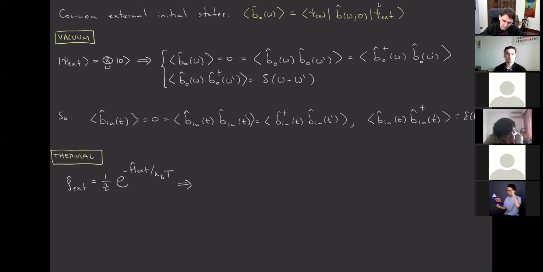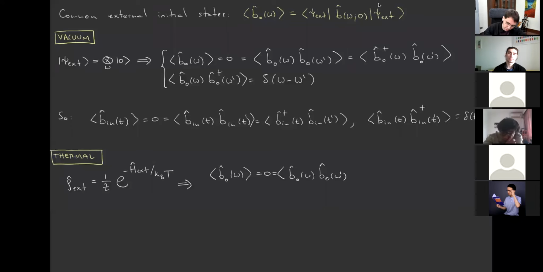And in particular, if you remember, for thermal states, we still have the property that the average, so the first moment of the thermal state, is 0, and also the second order moment, the b b of omega and omega prime, the phase sensitive one.